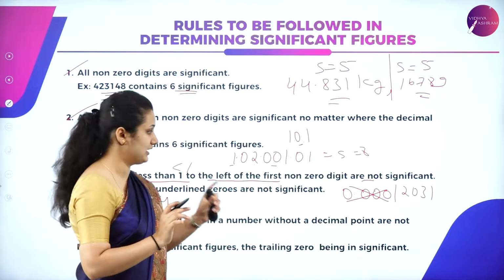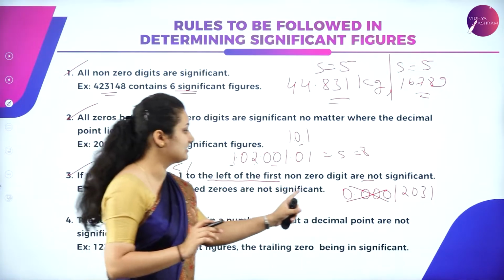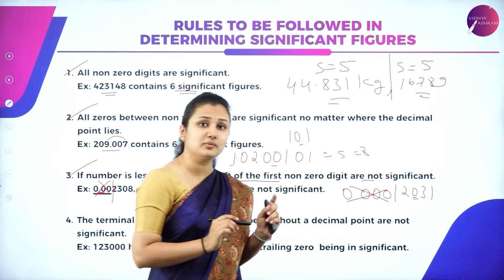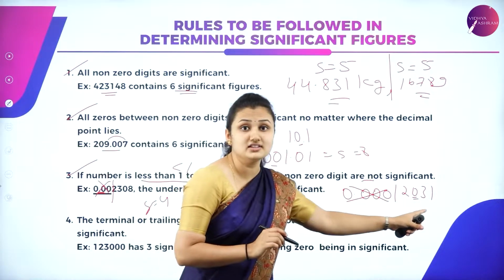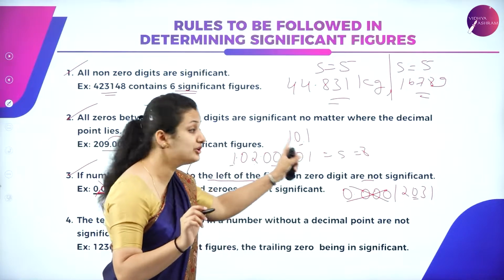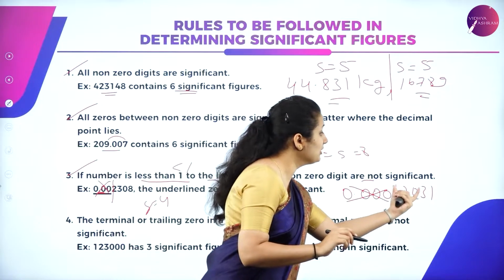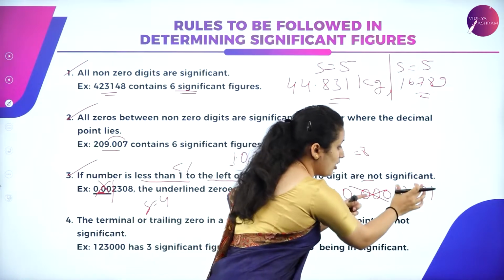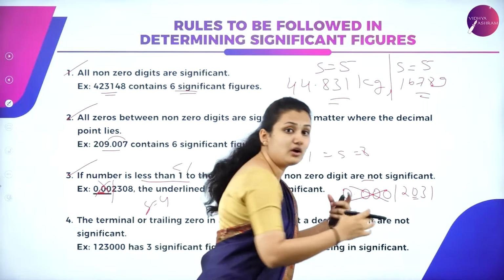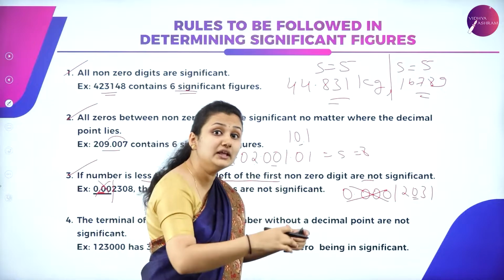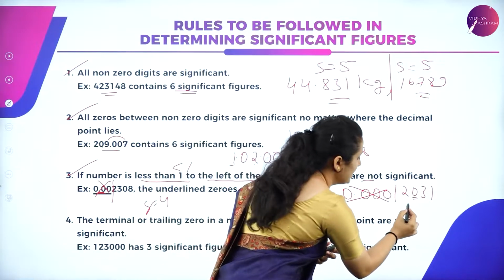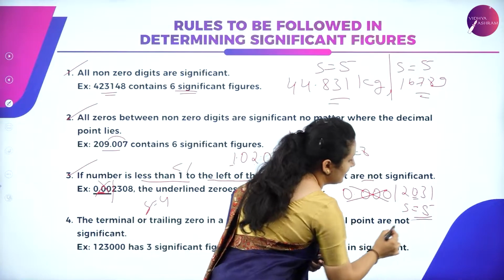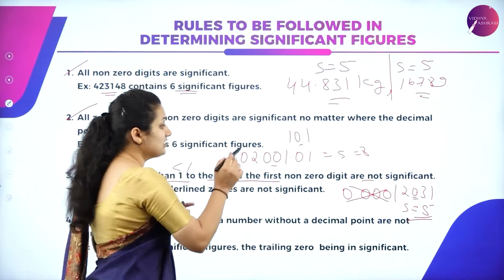The number is less than 1 and these zeros are insignificant. Then what about this 0, ma'am? This 0 is significant. Why? My rule 2 says that zeros between non-zero digits are significant. The zero is between the non-zero digits 2 and 3. Zeros between non-zero digits are significant. Hence, I have 1, 2, 3, 4, 5. 5 significant figures here.